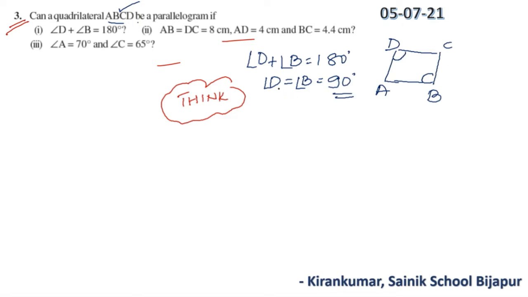At the same time, the adjacent angles are supplementary. So angle A plus angle D or angle B is 180 degrees. So angle A also will become equal to 90 degrees. This implies angle C also will become equal to 90 degrees. So this particular condition will be true. It becomes a parallelogram only when all the angles are equal to 90 degrees.